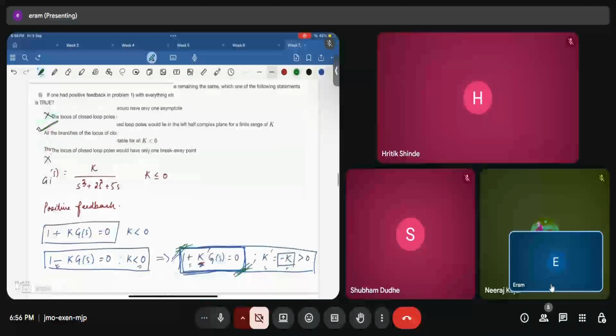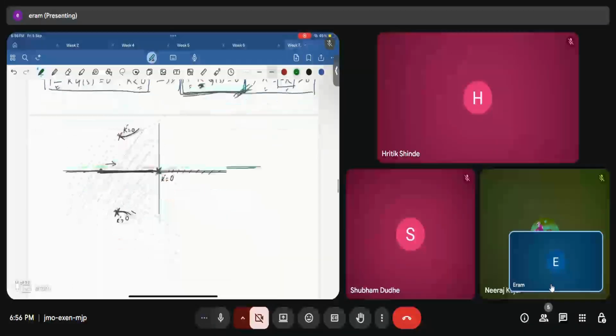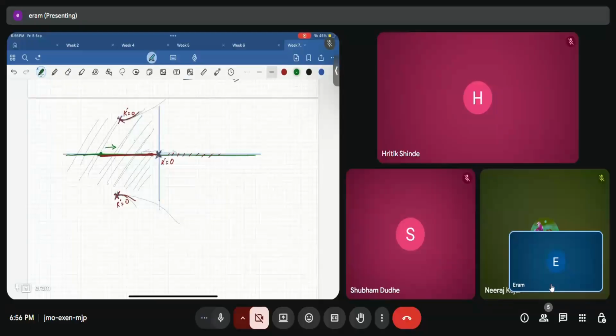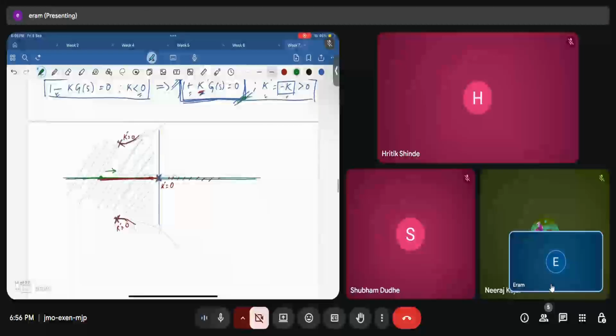So how to check that? If there occurs a point where our root locus crosses the imaginary axis, then our locus will be on the RHS, and the moment it is on the RHS, the closed loop system will not be stable because the poles are now on the RHS.